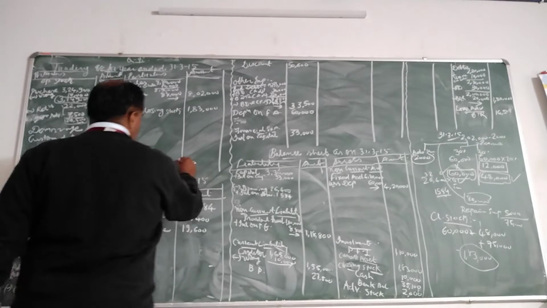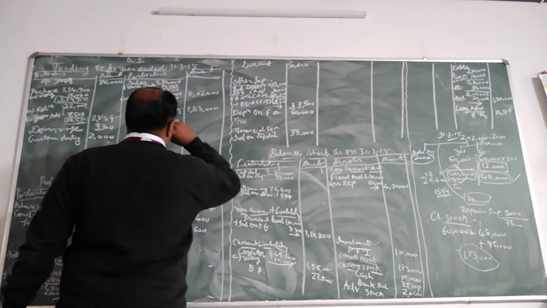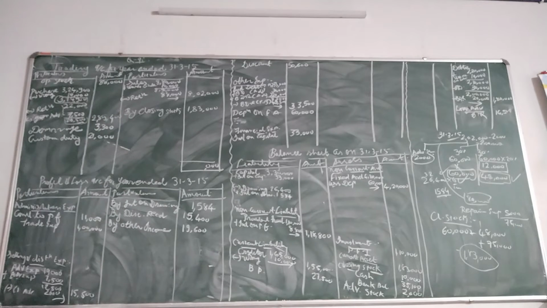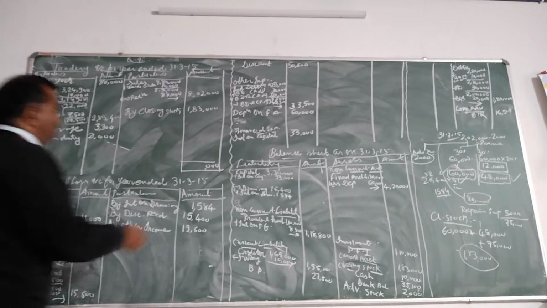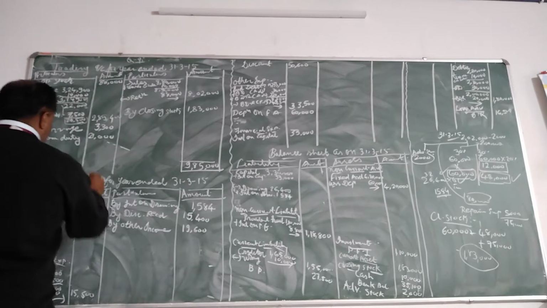Now find the balancing figure. Total of the trial balance 8,02,000, nine lakh 85,000.